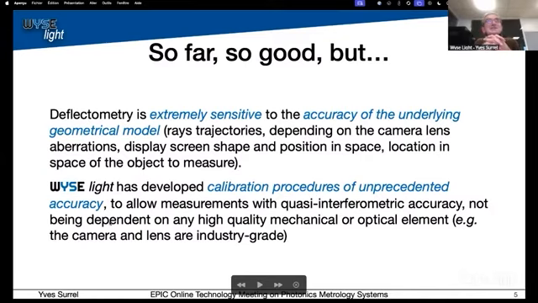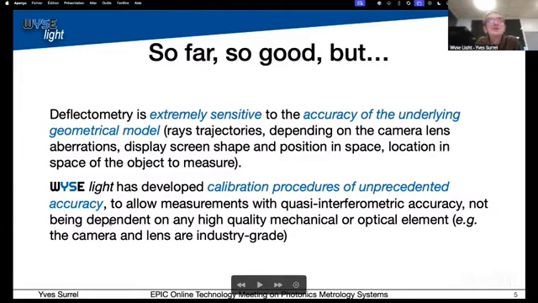actually, if it were so simple, you would see deflectometers everywhere in any optical shop testing. The problem is it's geometric.